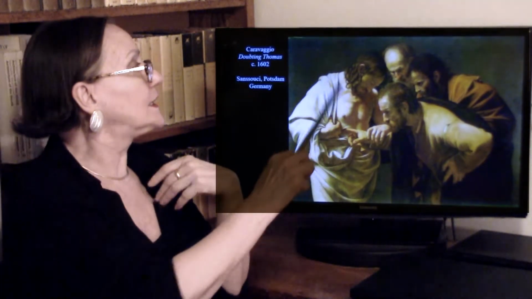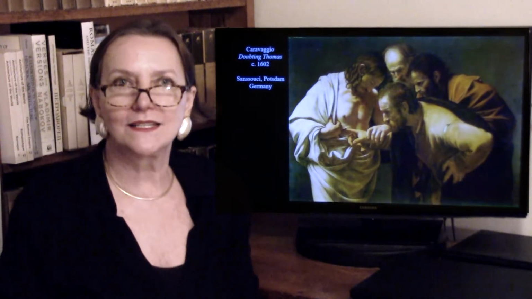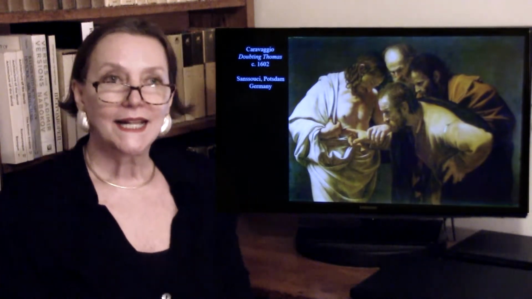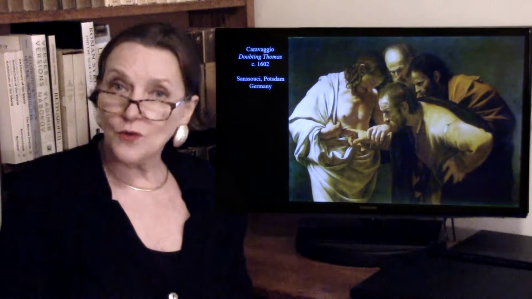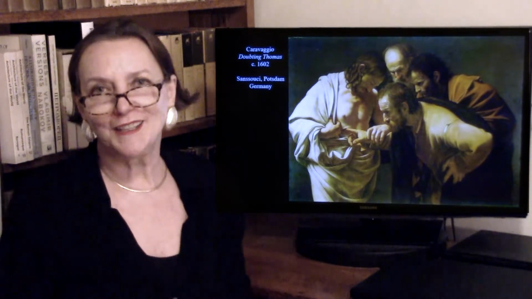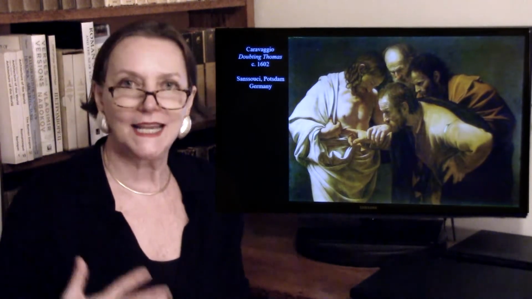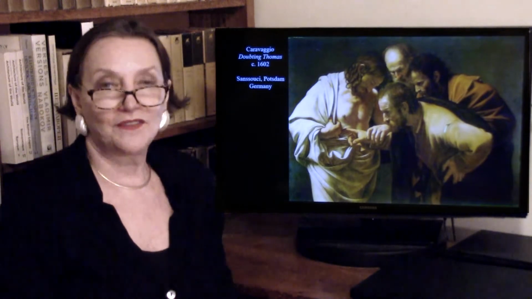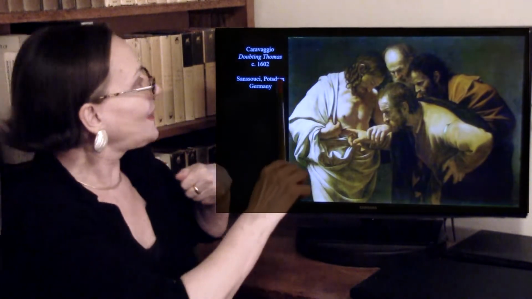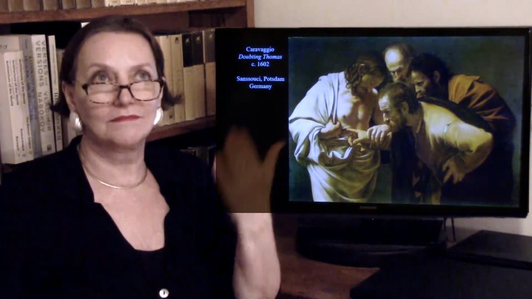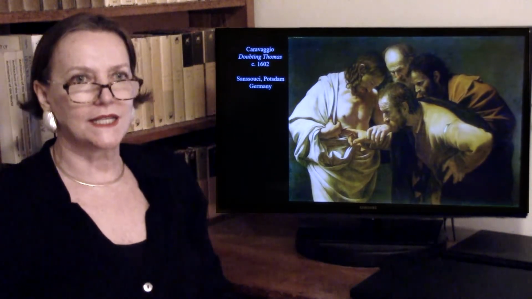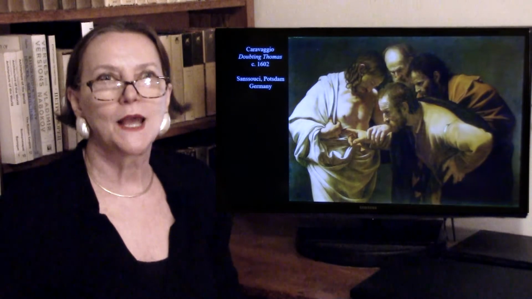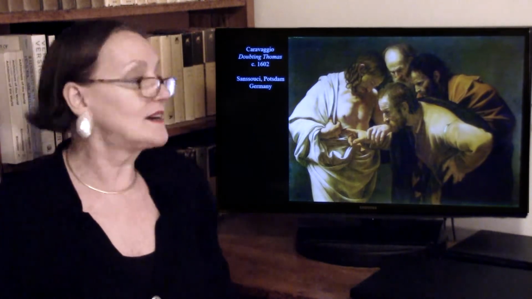And meanwhile, Christ's face is very patient and very accepting and very willing to supply the proof. There is no indignation, there is none of that. And the scene, the background is not as dark as in some of Caravaggio's paintings, but it is still somber.